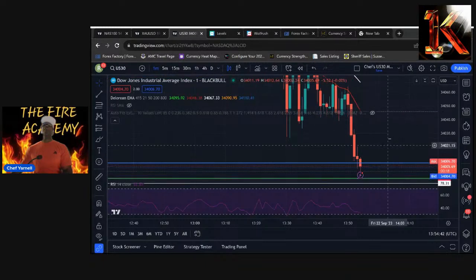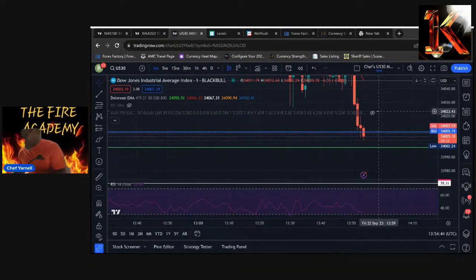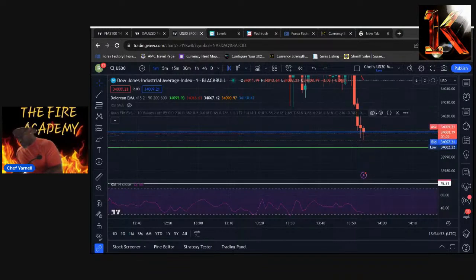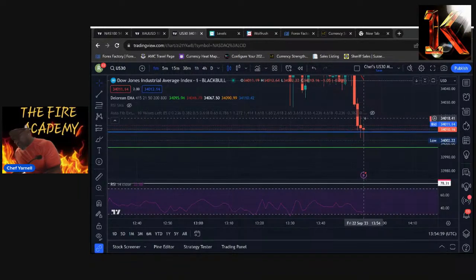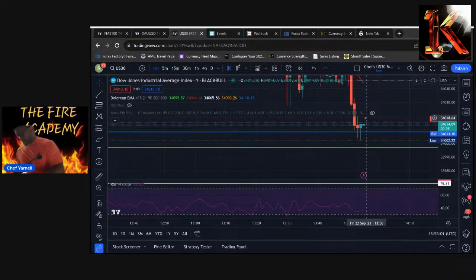All right, let's capitalize off of this move off of US 30 while we're waiting on NAS to set up. Give me a second here. I need to look at that. What is that? Oh, okay, got it. All right.